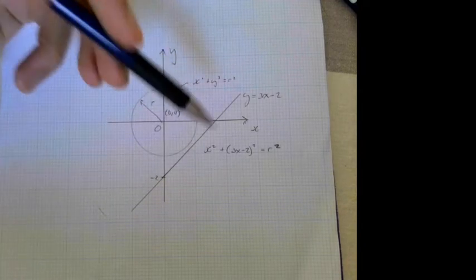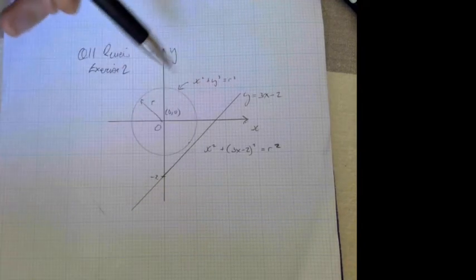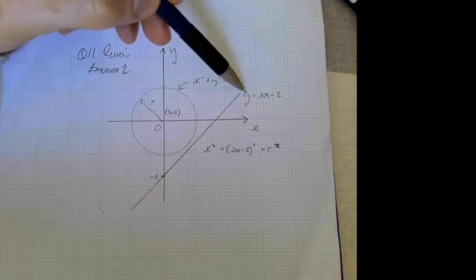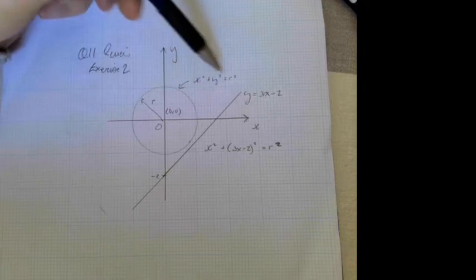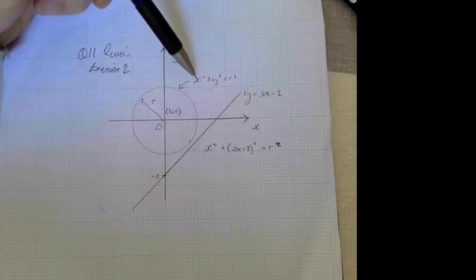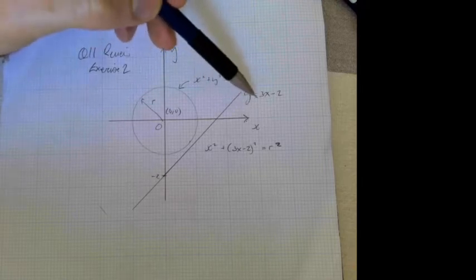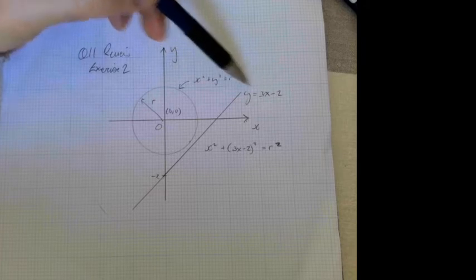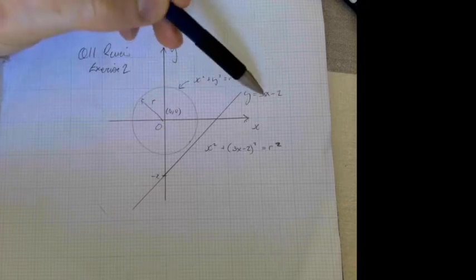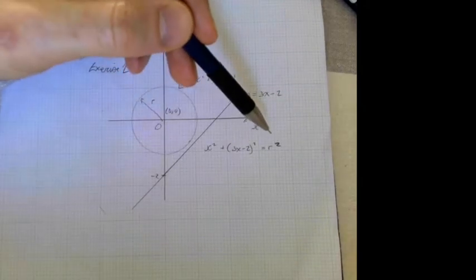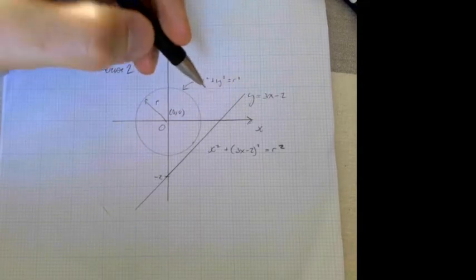But if it did intersect, if it just touched here with one solution, we'd be able to substitute our y value into our equation of a circle. So instead of x squared plus y squared equals r squared, we could use the expression for y in the straight line. Instead of writing y squared, we could write 3x minus 2 all squared, and that's equal to r squared.